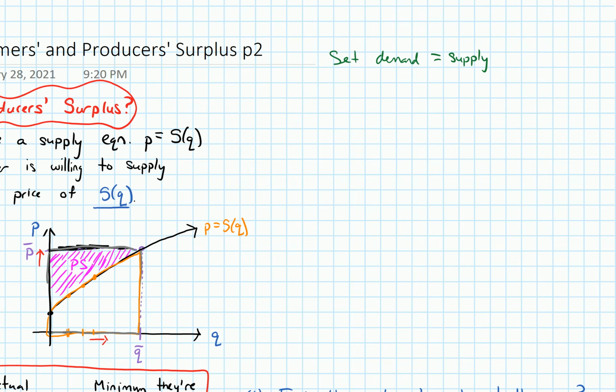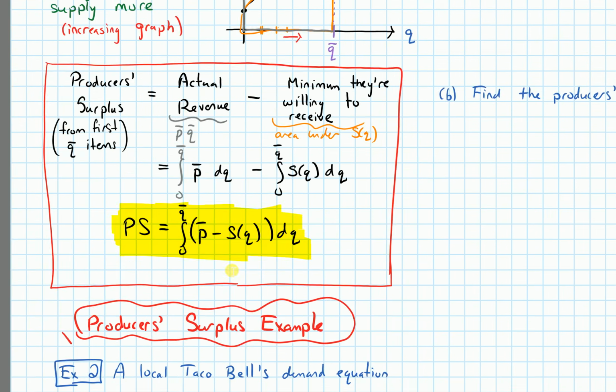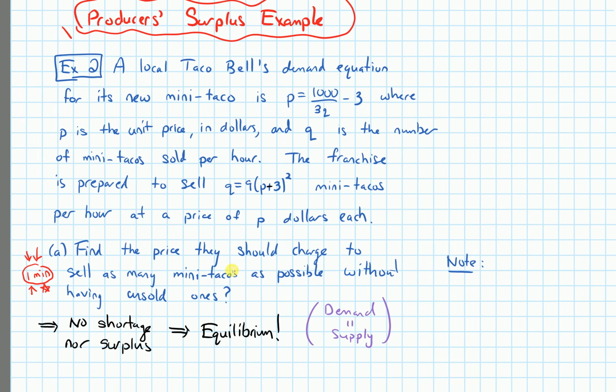All right, so we are going to need to set the demand equal to the supply. Let's remind ourselves what both of those equations are. The problem told us the demand equation: P equals 1,000 over 3Q minus 3. The problem also told us some other equation. It didn't specifically say it was the supply, but we can get that from the context.